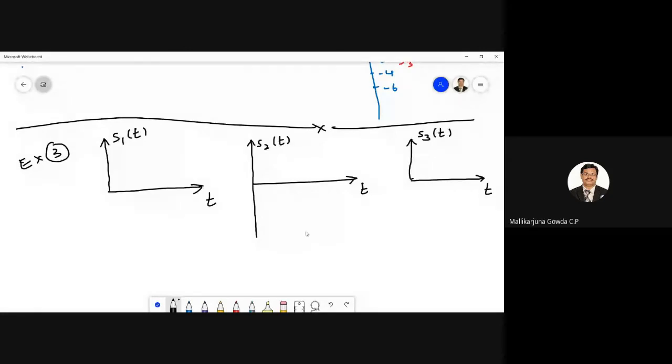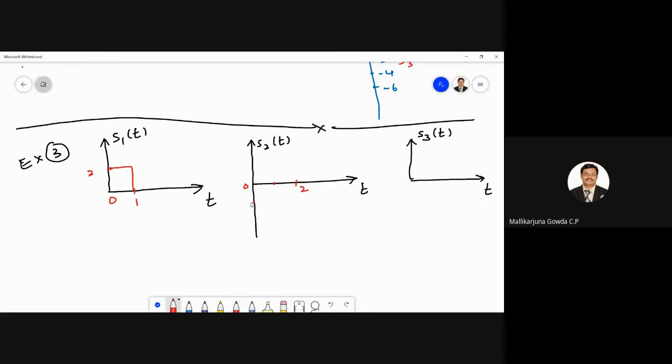Okay, so let me write. My first signal exists over 0 to 1 time with a magnitude of 2. Okay, and my S2 of t exists up to 2, with a magnitude of -4.